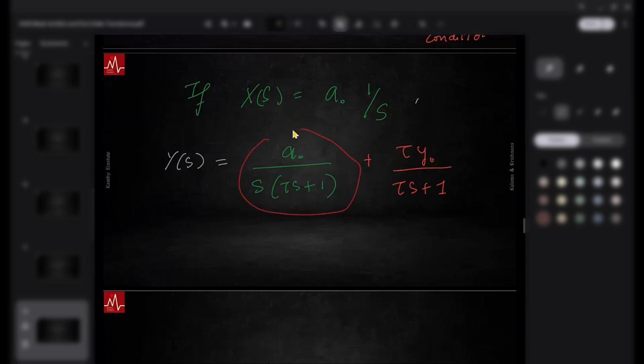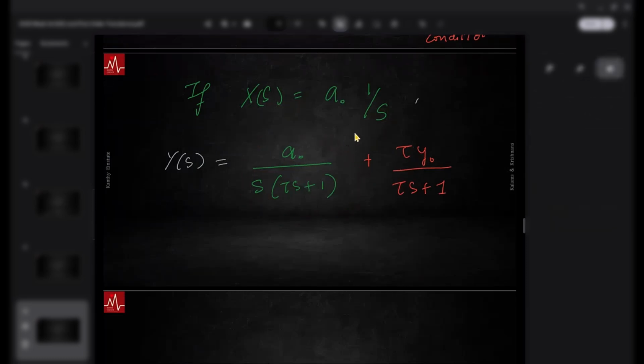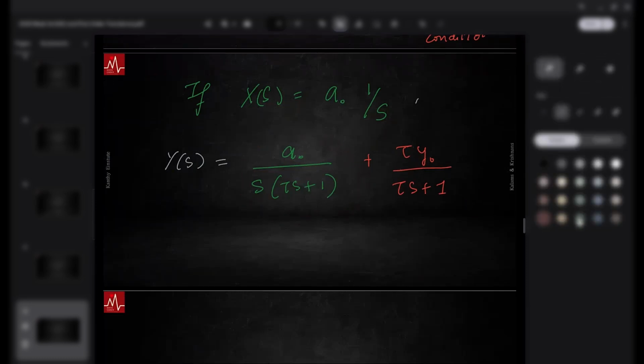What is the Laplace transform of this, s square? We do not know, so we have to do some method of partial fractions. Quickly notice, A naught is a constant, I want to write this as a by s plus b by tau s plus 1. Then this term remains, so tau y naught by tau s plus 1.